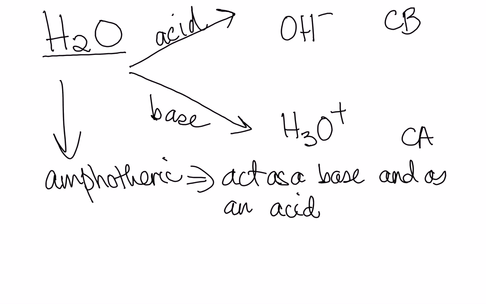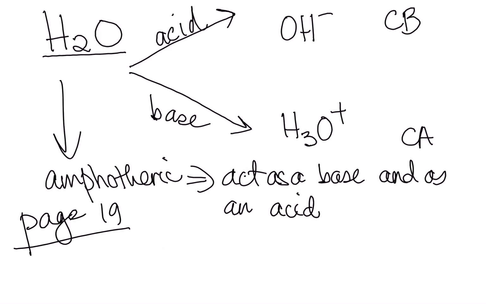We're going to look at the equilibrium constant for H2O. It can act as an acid and it can act as a base to form conjugate base and conjugate acid. Okay, we'll do one question from your workbook page 19. So once you're finished this video, you can work with questions from page 19.